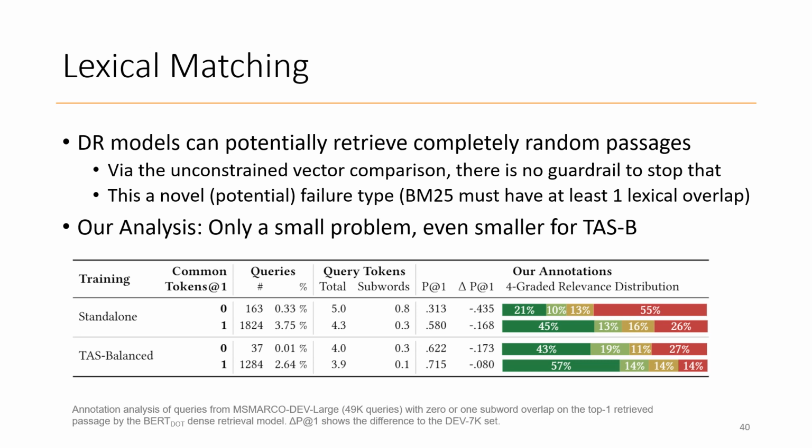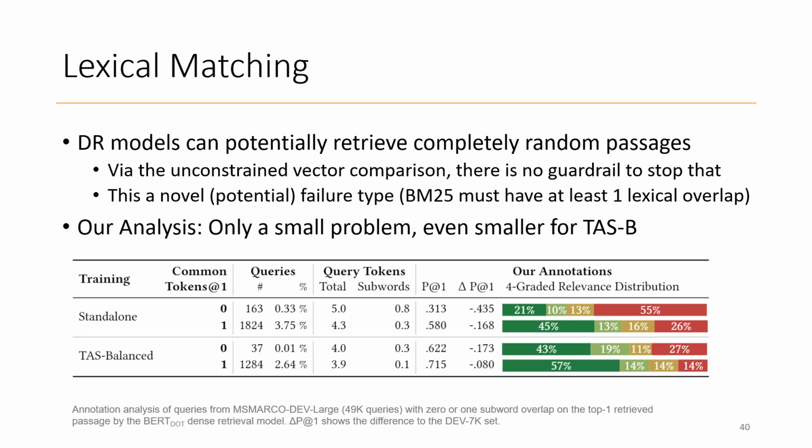And with TAS-Balanced, those values go down again. If we look at how good those results are, we see that yes, for the standalone trained model, the precision at 1 goes down quite a bit for those queries.